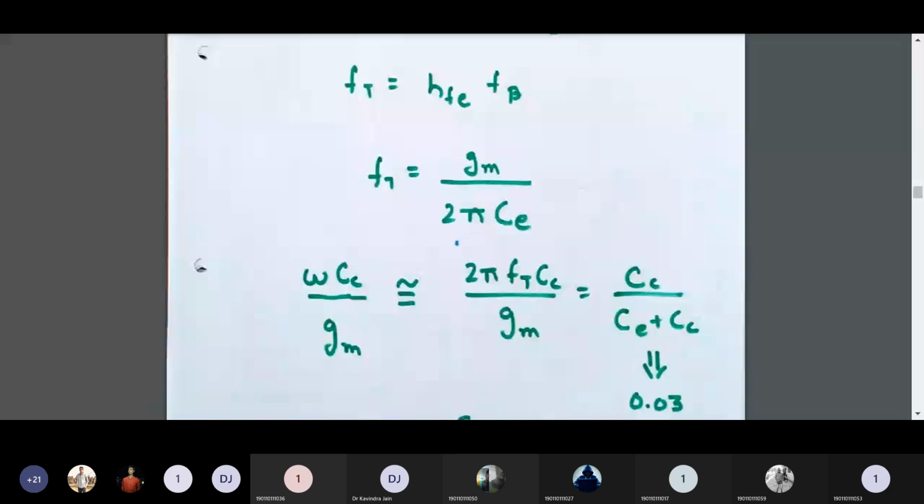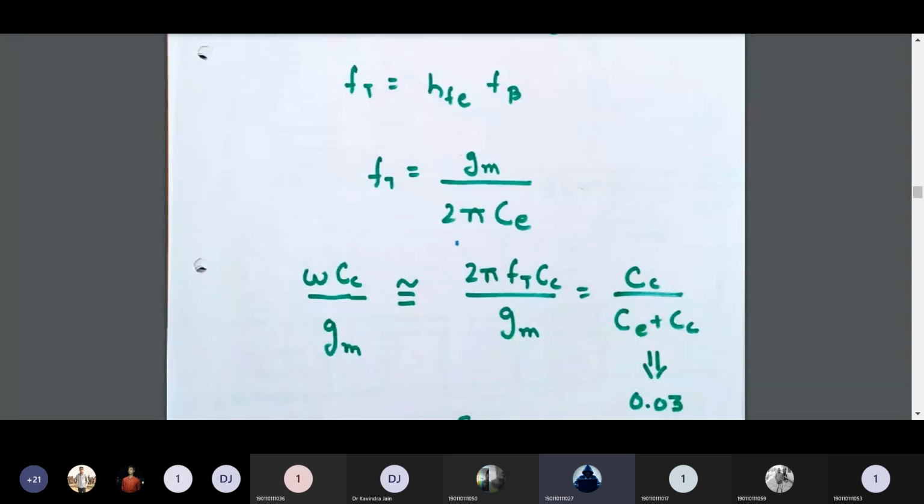If the two transistors have the same fT, the transistor with lower hFE, which we can know based on the data sheet, will give a good, higher bandwidth. Okay guys, so that's all for today's lecture. In case of any doubts or queries, please feel free to ask.